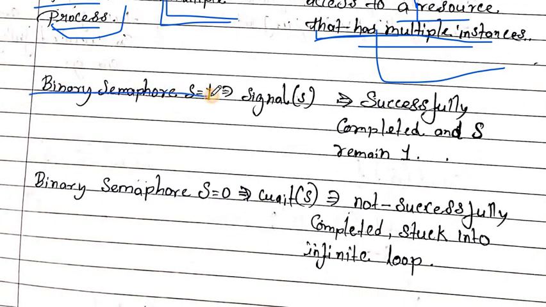For a binary semaphore with s equal to 1, does signal complete successfully? Yes. If we try to use signal, which increments the value of s, the function is successful and the value of s remains 1, because it is a binary semaphore and the value cannot be more than 1.